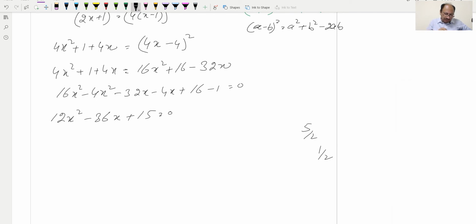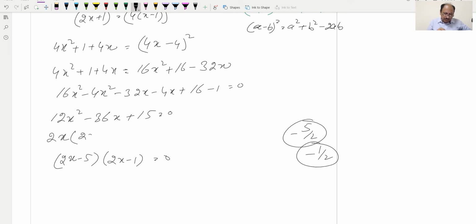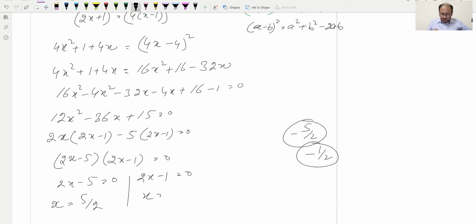We can write this by changing sign, and this will be 2x minus 5, and when we use this it will be 2x minus 1 equal to 0. In the intermediate step we can write 2x into 2x minus 1, minus 5 into 2x minus 1 equal to 0, and now this implies 2x minus 5 is equal to 0, or 2x minus 1 is equal to 0, so x will be equal to 5 by 2, and x will be equal to 1 by 2.